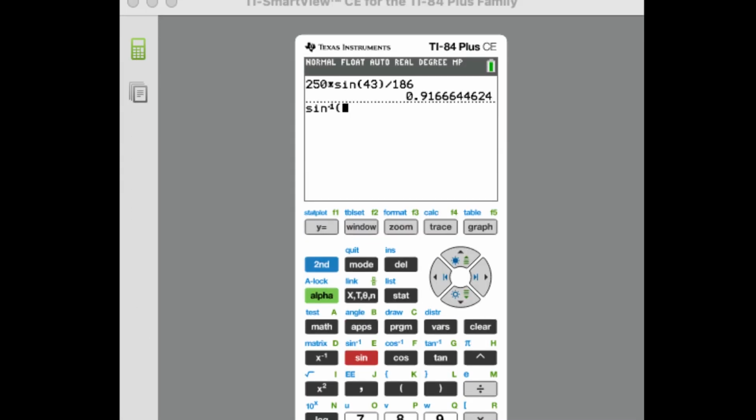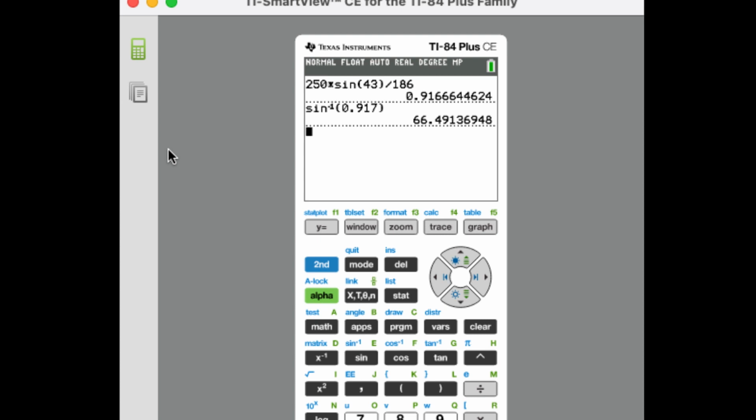Now enter the numbers: 0.917, close that out. What do you guys get for B? Go to the nearest whole number for the angle. What's B1? 66 point what? To the nearest whole number, it's just 66.